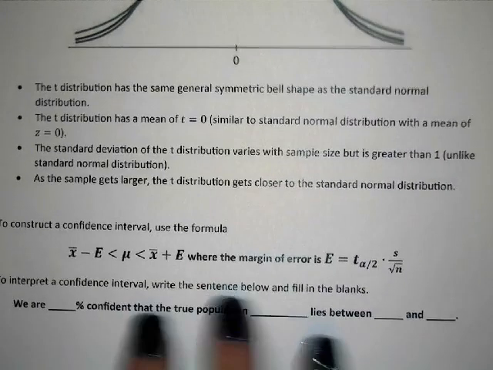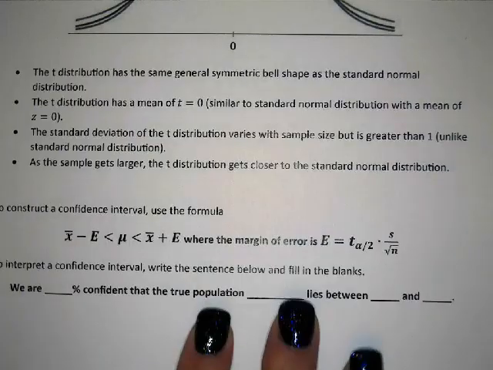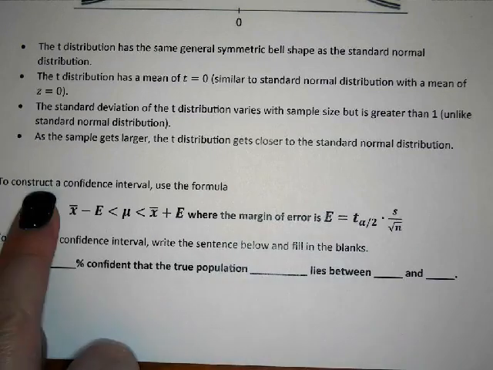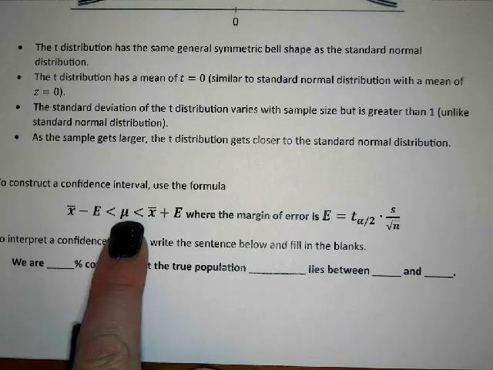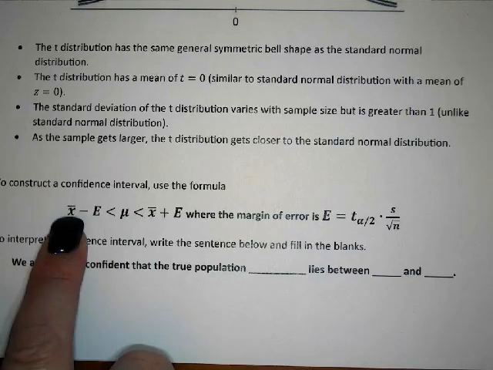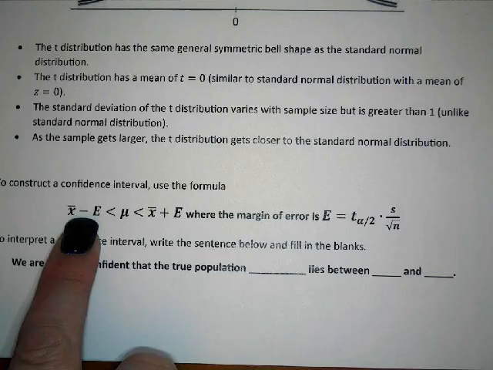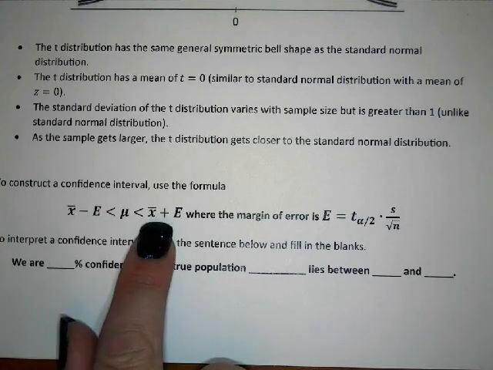So this is where we're going to start to feel like, oh, this is similar to what we did in the last section. To construct a confidence interval, you're going to use this formula. So mu is in between the sample mean minus the margin of error and the sample mean plus the margin of error.